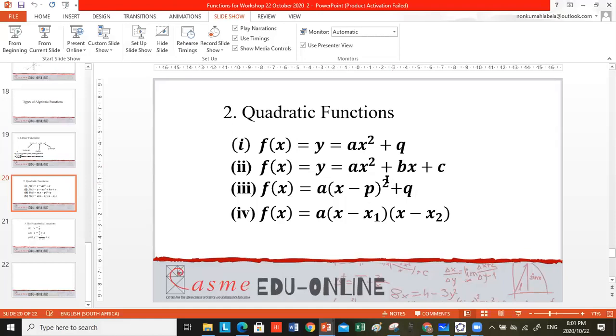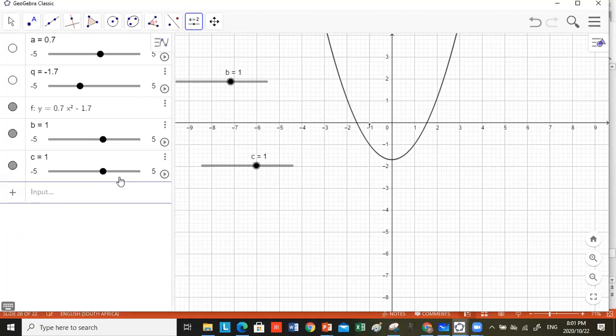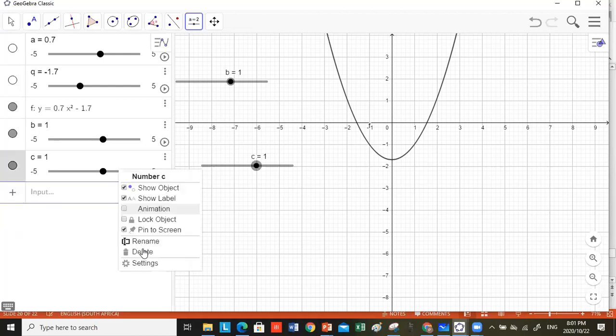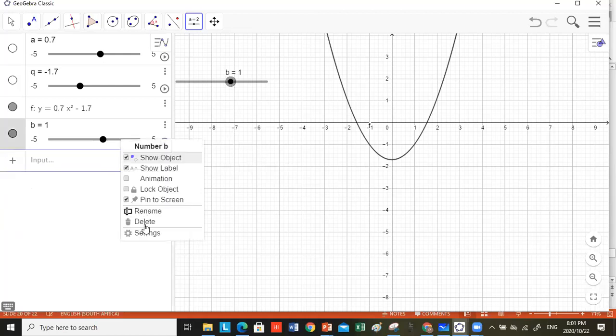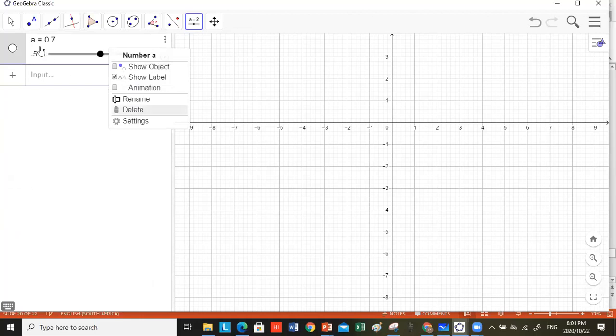Now let us look at this one. This is very interesting, where now I'll be having a b. Let me go back to my screen and remove all this so that we start afresh. We get another function.